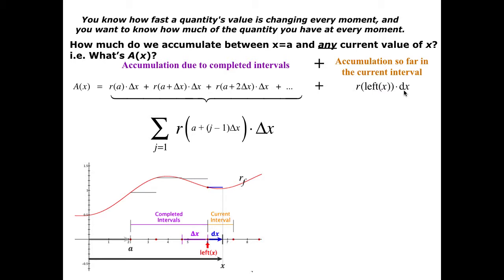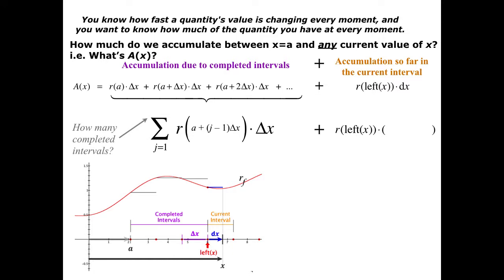So we want to re-express dx in terms of x, but that's not too bad because dx is related to x, depending on wherever x is. I just need to know how far I am past the beginning of the current interval. And so that's just, how far is it from x to left of x? That's how large dx would be at any point in time, which means I can just write it as a subtraction. I can write this as x minus left of x.